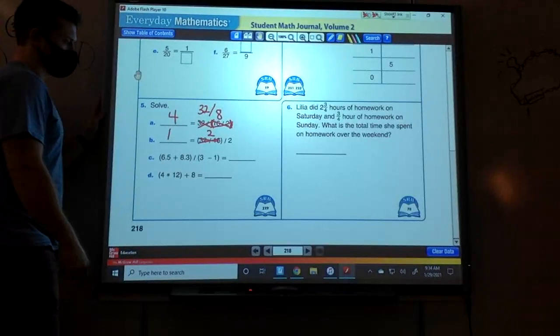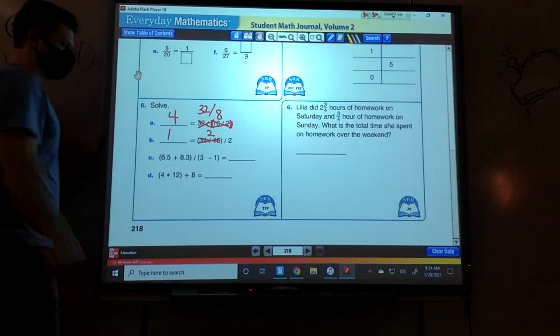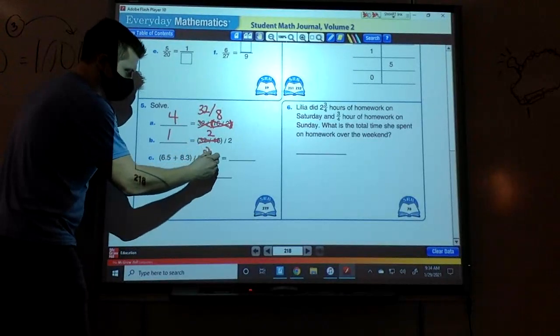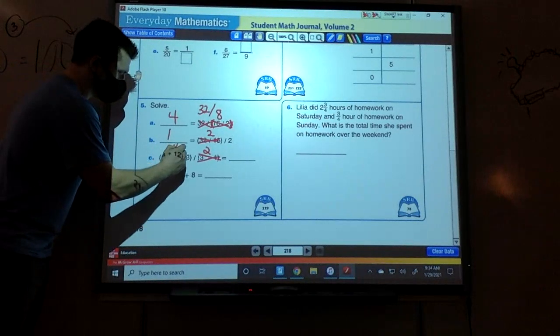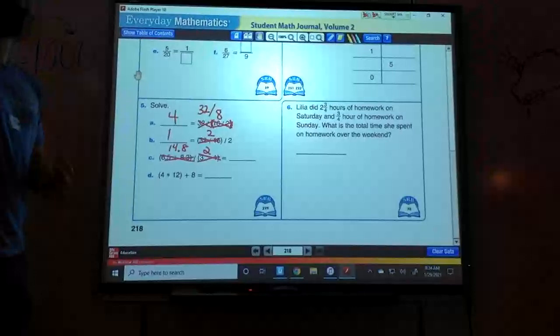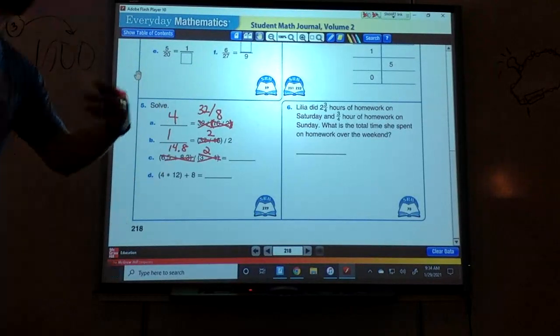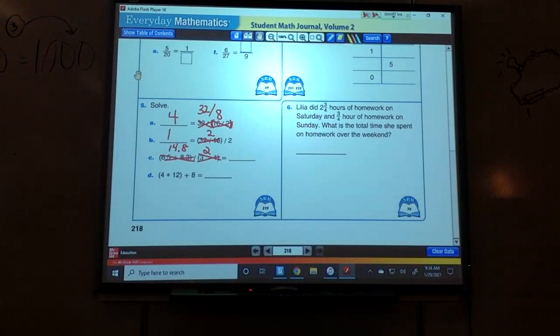So we have to do both of these parentheses first. Oh nuts. I'll do 3 minus 1. You're welcome. Somebody help me with that one. 6.5 plus 8.3. I need somebody. 14.8 divided by 2.